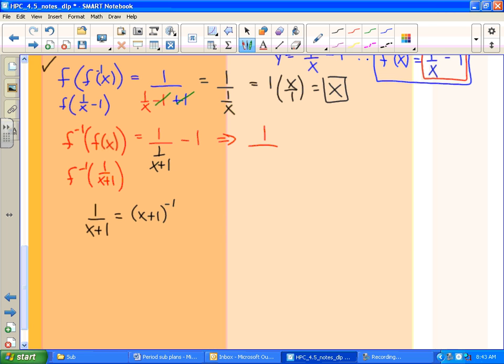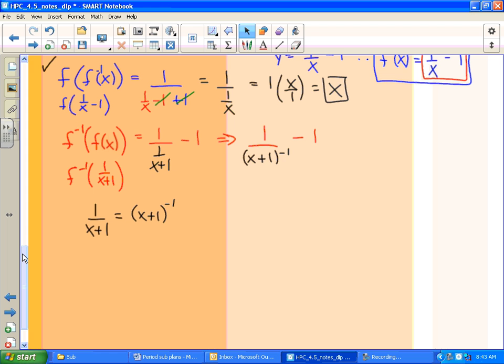So I can write this as 1 over x plus 1 to the negative first power, minus 1. And when we have negative exponents and we want to make them positive, we just change the location. If it's negative in the denominator, it becomes positive in the numerator.